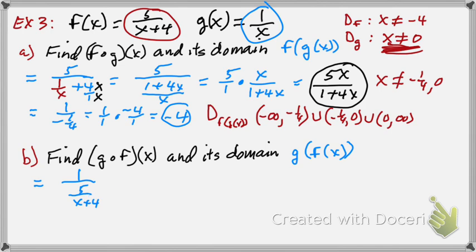Let me do it a better way. Here's what's coming in from f. So what's in red there is coming in from f.